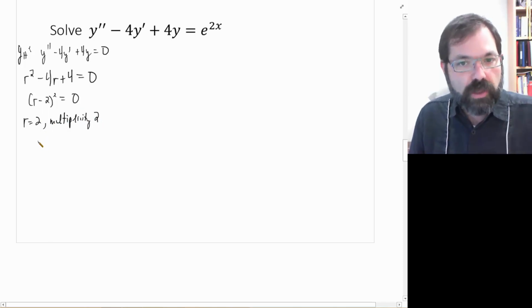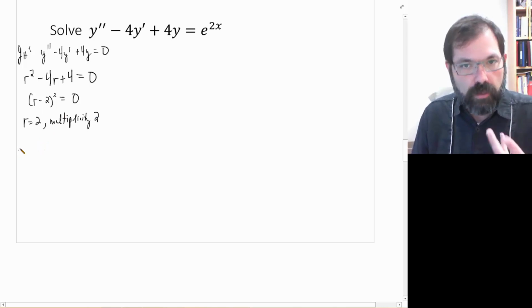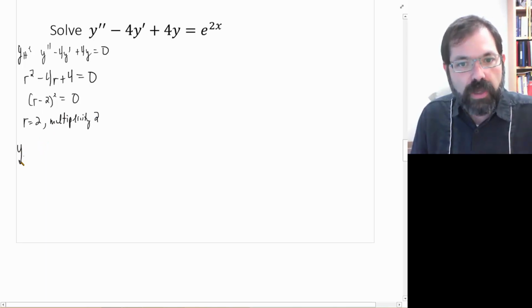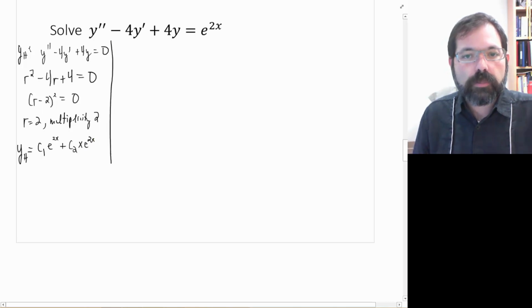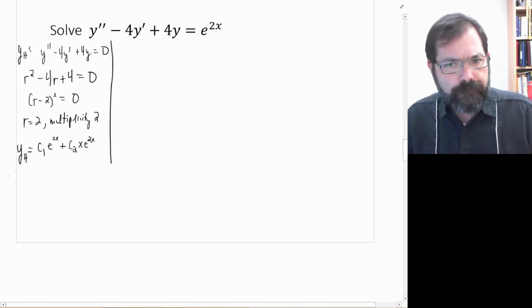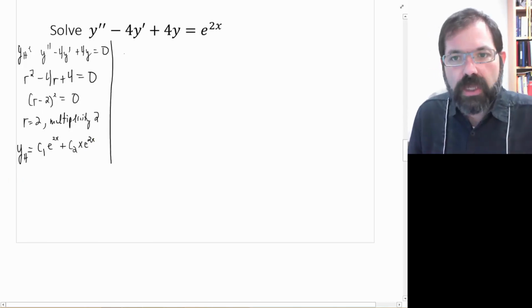And so what this means, remember, is that the form of the solution, the y sub h, would be c1 e to the 2x plus c2 x e to the 2x. Now, we need to find the y sub p.